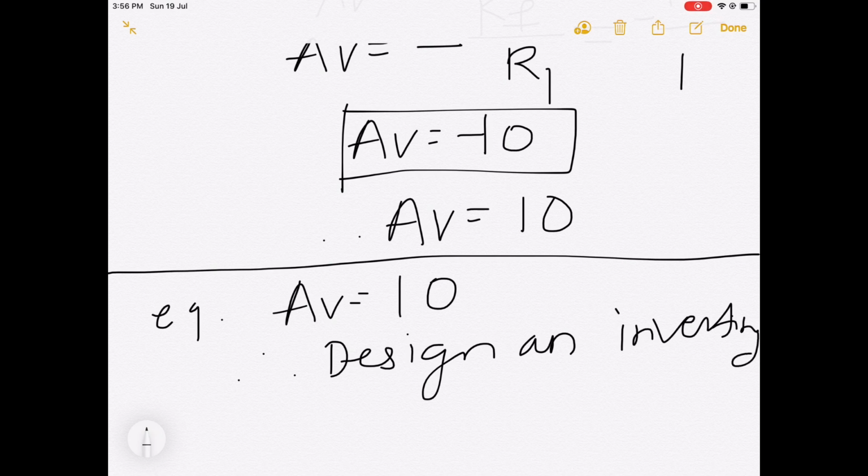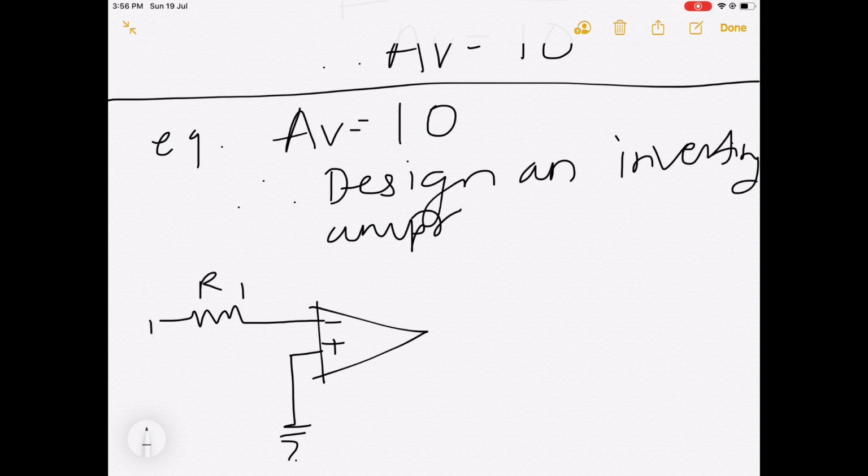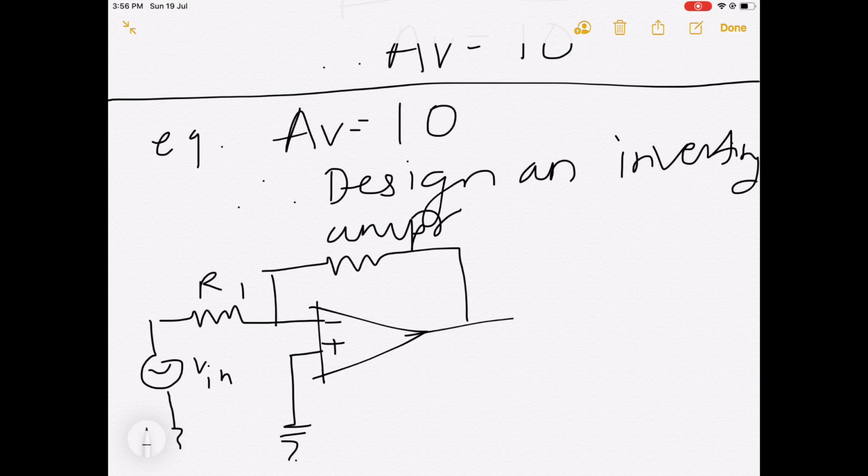This question may be there in your exam. Then for designing, first of all you should know the circuit diagram. So always while solving a designing sum, you have to draw the circuit diagram. So this is the inverting amplifier. The non-inverting terminal should be grounded. Then there is R1, then input V in suppose, then RF. So this is our circuit.